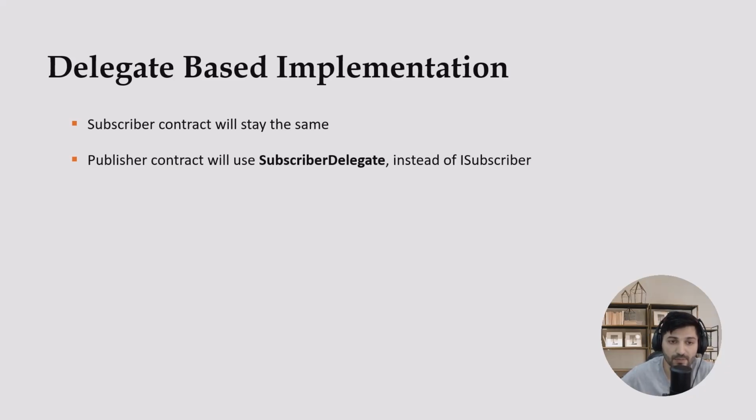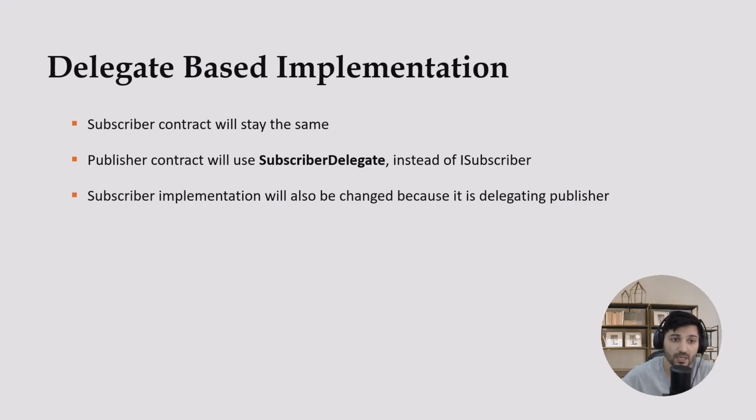For the publisher perspective, we are going to modify our contract, and we are going to use subscriber delegate instead of subscriber interface. It is possible for you to do the same type of adaptation to your subscriber contract, but for making things really simple, I'm just going to change the publisher contract. Subscriber implementation will also be changed because it is delegating to our publisher.